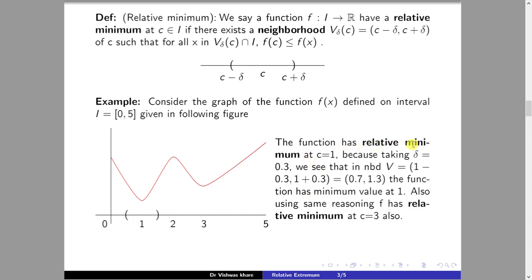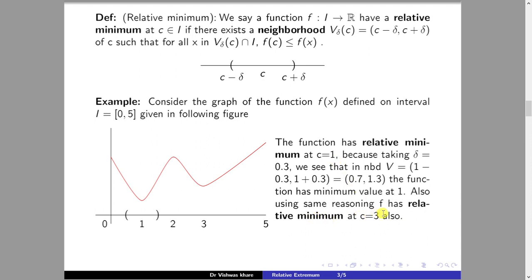The function has a relative minimum at c equal to 1, because taking delta equal to again 0.3, in the neighborhood V, 1 minus 0.3 to 1 plus 0.3, that is the open interval 0.7 to 1.3, the function has its minimum value at 1. So in this interval, you can see the value of f at 1 is minimum. So we say f has a relative minimum at c equal to 1.